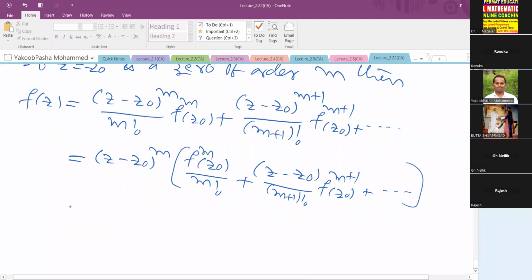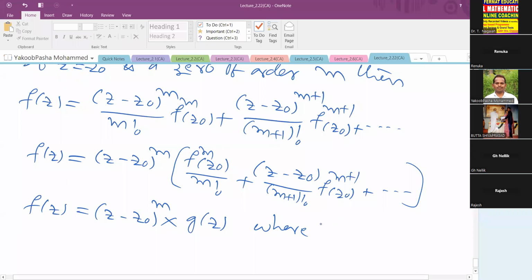So here f of z is equal to z minus z naught whole to the power of m into another analytic function g of z, where g of z is equal to f mth derivative at z naught divided by m factorial plus z minus z naught into f m plus 1th derivative at z naught divided by m plus 1 factorial plus and so on.